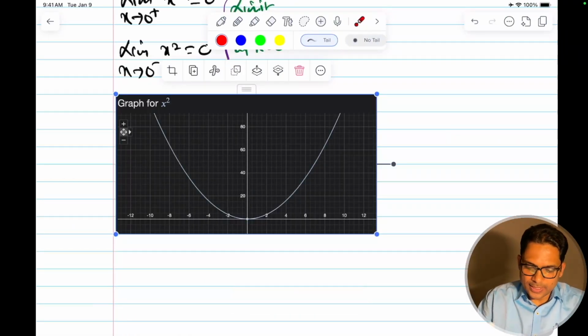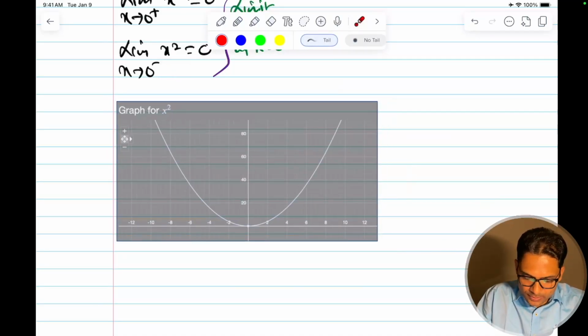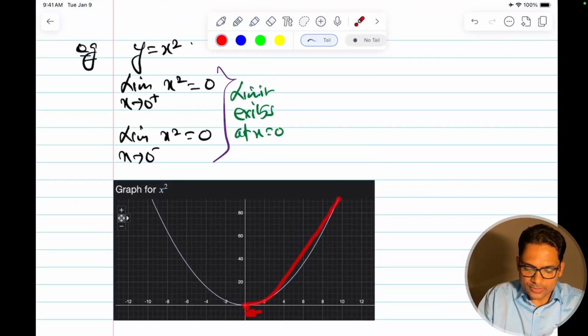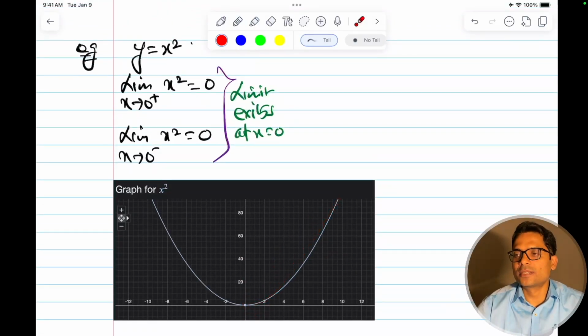You can see here that if I come towards 0 from the negative side, it will move to 0, and even if I come from the positive side towards 0, then also it will move to 0 only. So that's why limit exists. I hope this is clear.